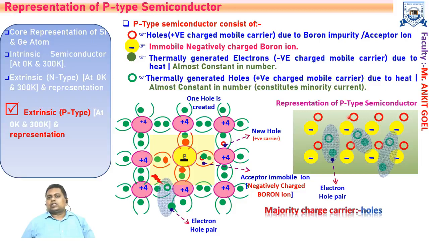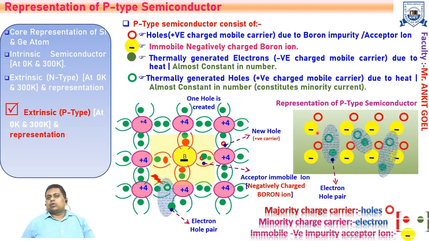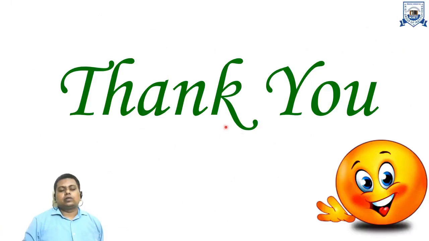So the majority charge carriers in p-type semiconductors are holes, and the minority charge carriers are electrons. Besides these majority and minority carriers, we have the negatively charged boron ions, which will help to form the dipoles. So this is all about this session.